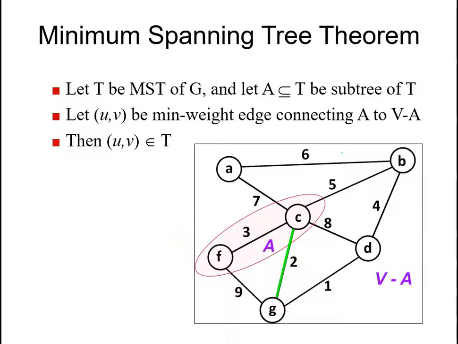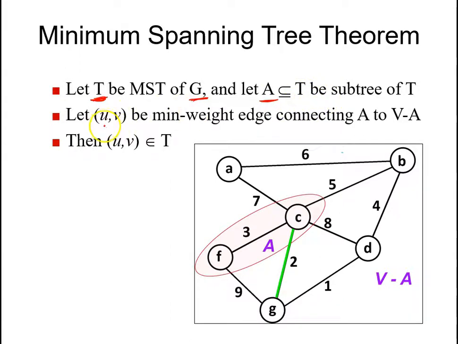Now we're going to look at a particular theorem that is very useful when we want to design algorithms to construct minimum spanning trees. Let T be a minimum spanning tree for a particular graph G. And let A be a subtree of that minimum spanning tree.